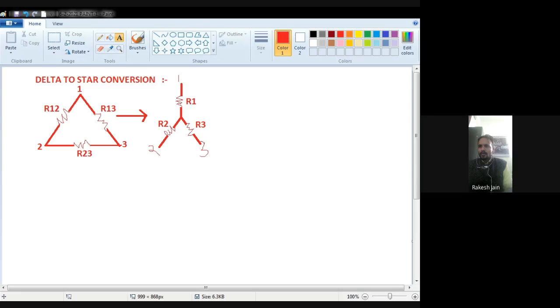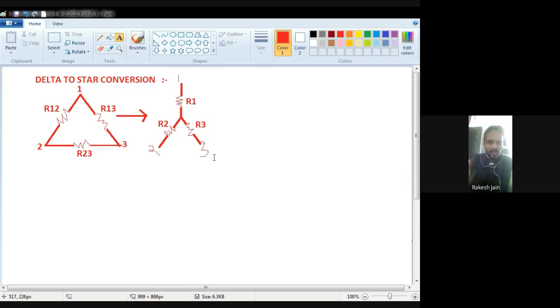Okay, so now we have a question, a numerical in which a delta network is present. You have a question in which a delta network is present, and you have to convert it into a star network. So it means you have the value of R12, R13, and R23.